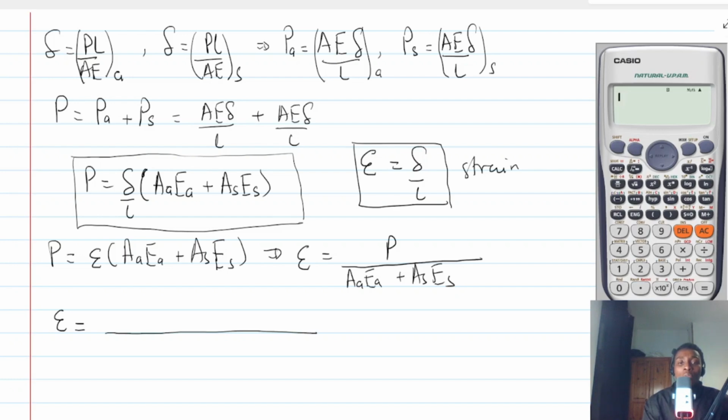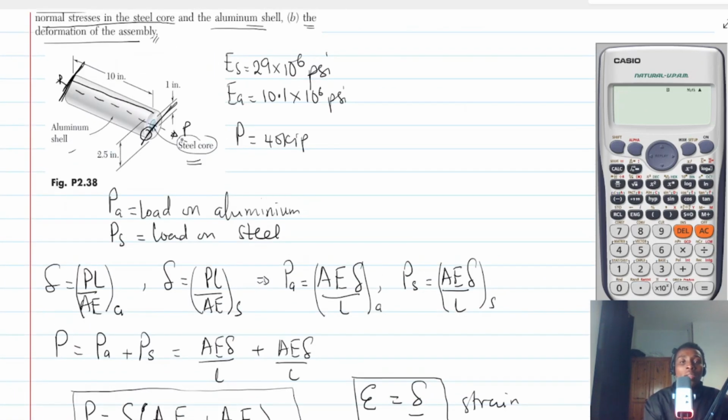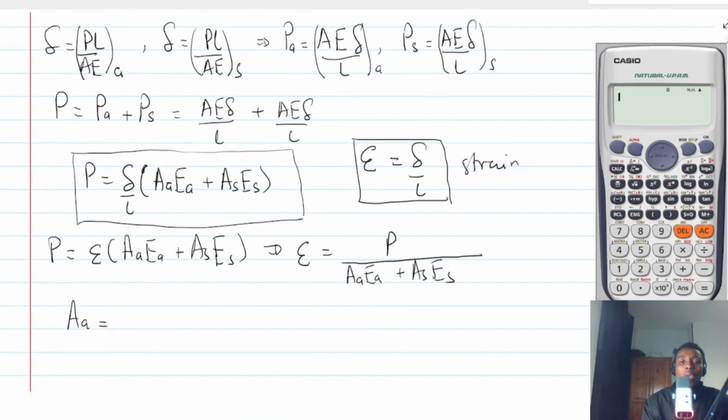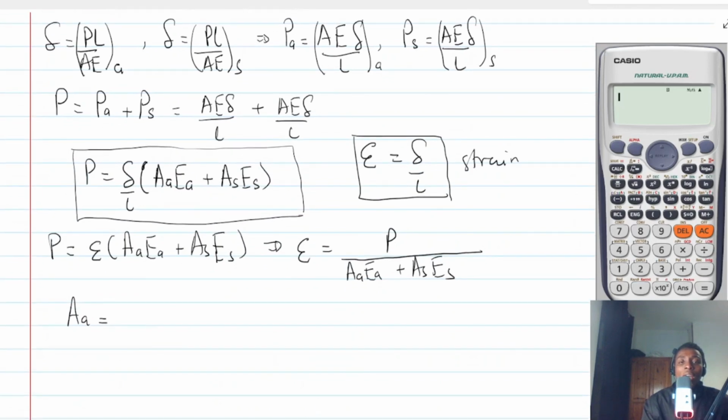Okay, let's calculate the areas first, before we apply the formula. So the area of aluminum: the outside is aluminum, therefore the diameter is 2.5, because that is the one which is outside.